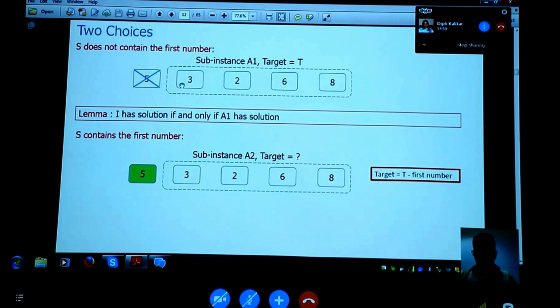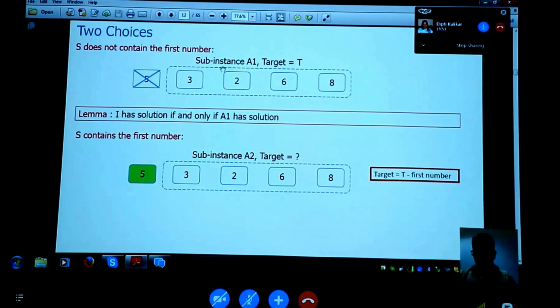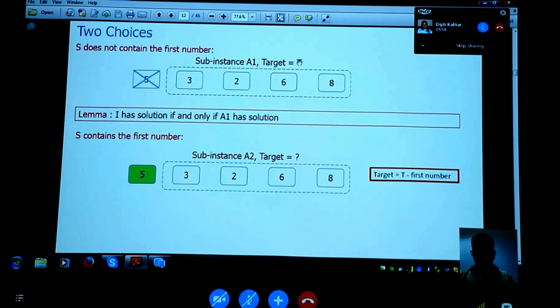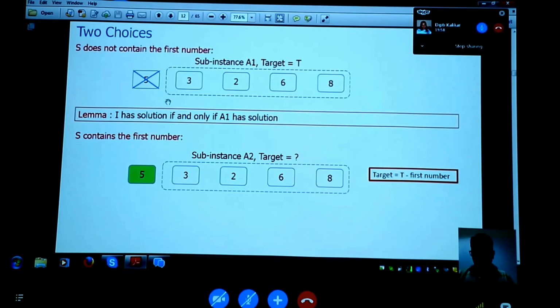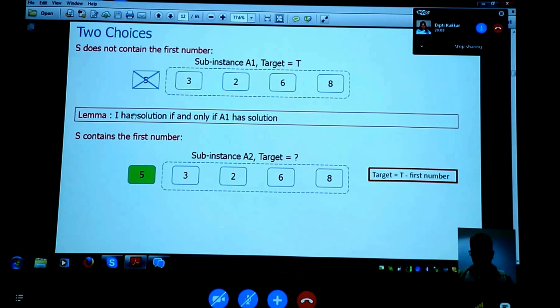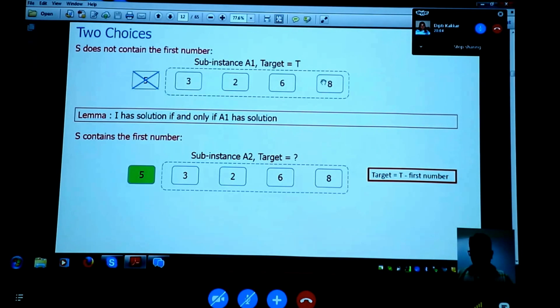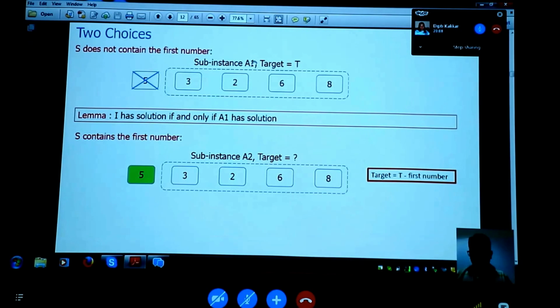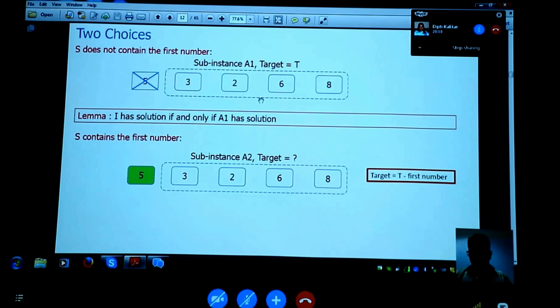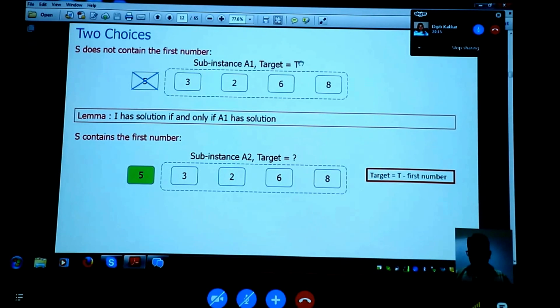Then it should only be made up of 3, 2, 6, 8, this suffix, and it should be able to somehow get this target T. So it's clear that this input I has a solution if and only if this suffix has a solution with the same target T. That is my first sub-instance. I'm going to recursively check whether this suffix has a solution with target T or not.